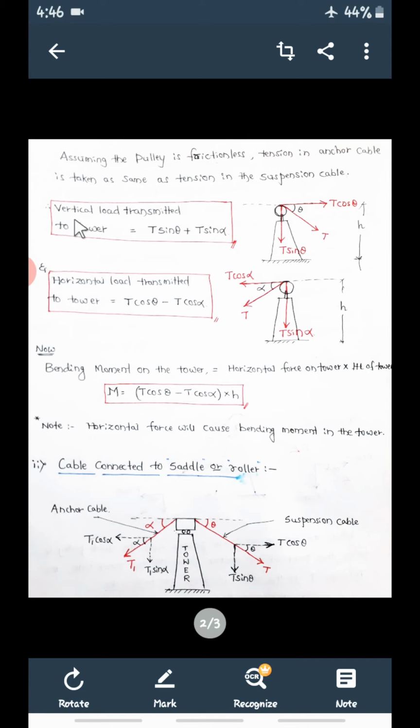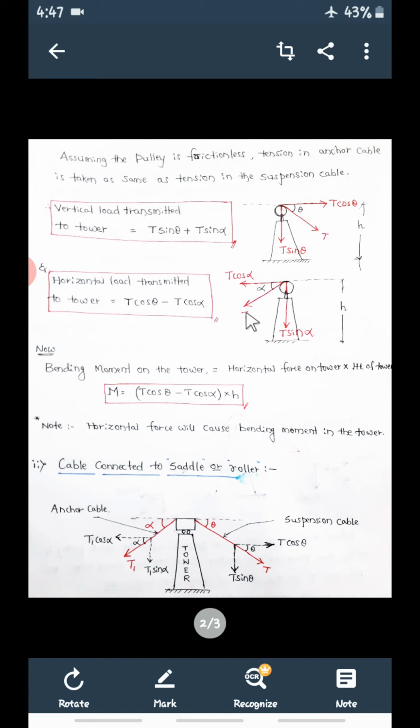Now what is the vertical load transmitted to the tower? Now in this case, you have taken the suspension cable. This side, what is there? The anchor cable will be there. So this is also T. Now again, the anchor cable will be making an angle of alpha with the horizontal.